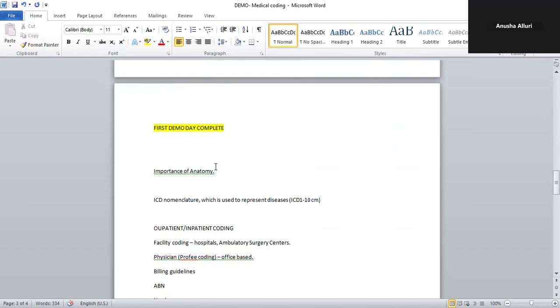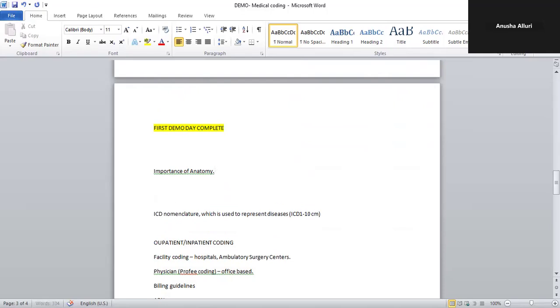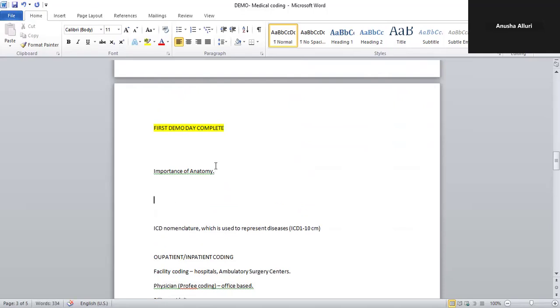Roots will be very important in ICD-10-PCS, which is used in inpatient coding to report procedures. In outpatient coding, we use CPT, Current Procedural Terminology. But in inpatient coding, they use ICD-10-PCS.